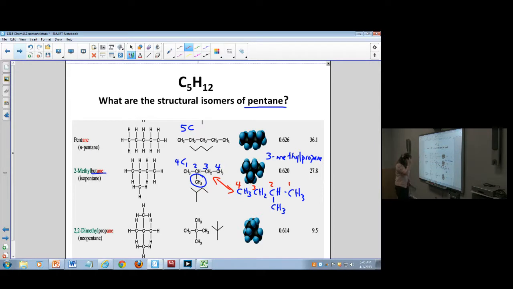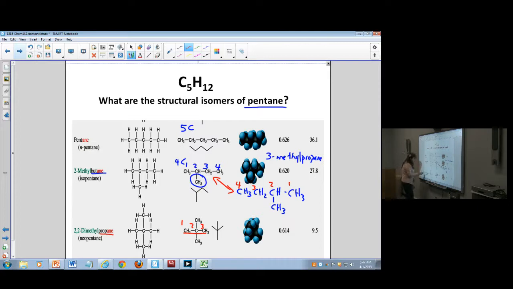Now I'm going to go down 1 more carbon on my carbon chains, and I'm going to see that there's a 3-carbon chain for propane, and I can put 2 methyl groups, each on carbon 1, 2, 3. And I'm still going to get C5H12.